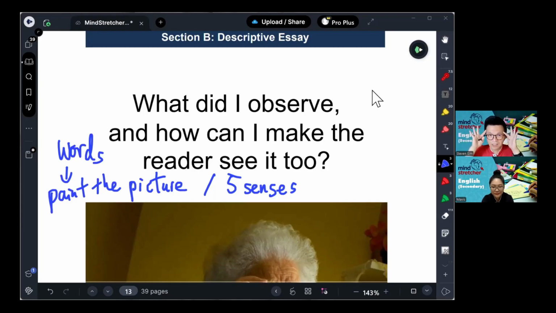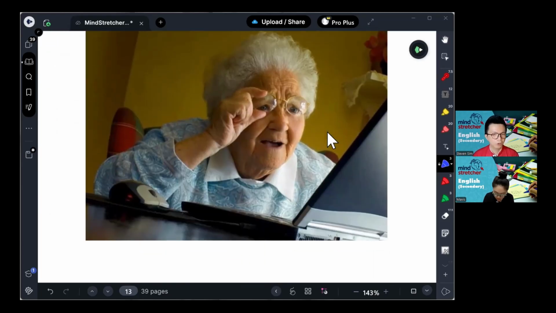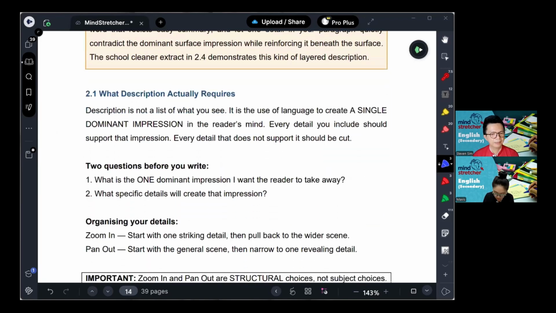And it's not League of Legends, and it's not Brawl Stars, whatever. But he is thinking and imagining, and then when you write, you can describe it, and the reader gets sucked into your world. So that's what you will aim to do when you come across this kind of essay.